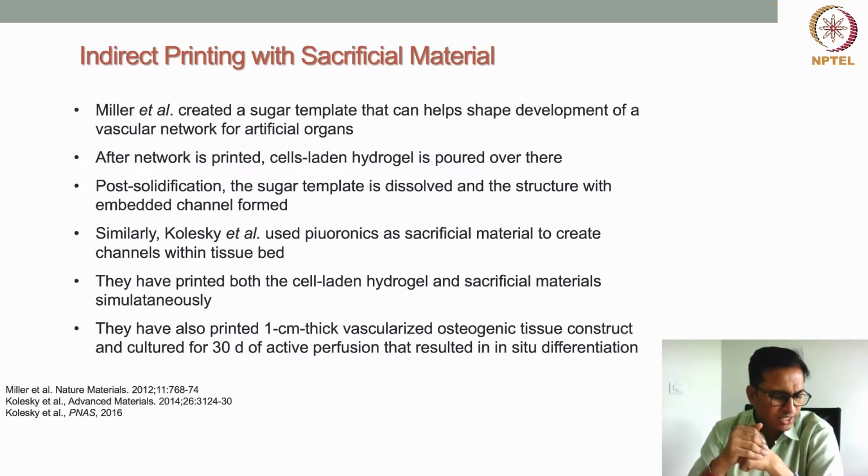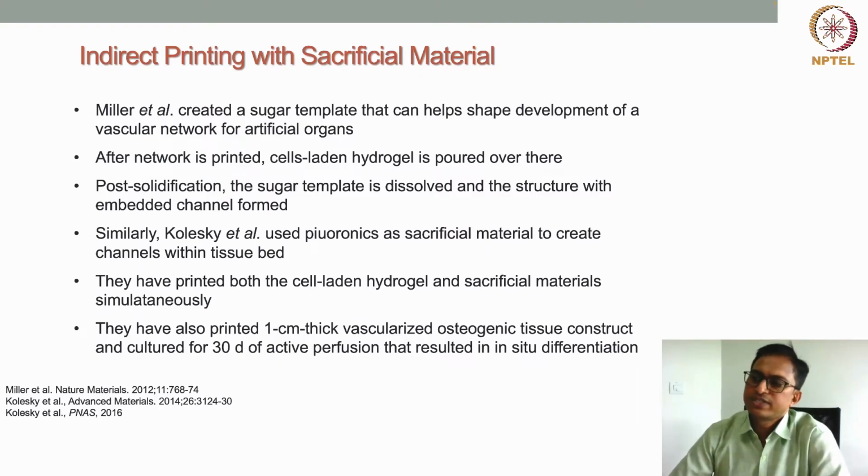Now we'll discuss some other concept that is called indirect printing with sacrificial material. Till now we have seen how to generate the blood vessels by direct 3D printing of the hydrogel material. Now we'll discuss how sacrificial materials can be used to generate these kinds of structures by indirect 3D printing.